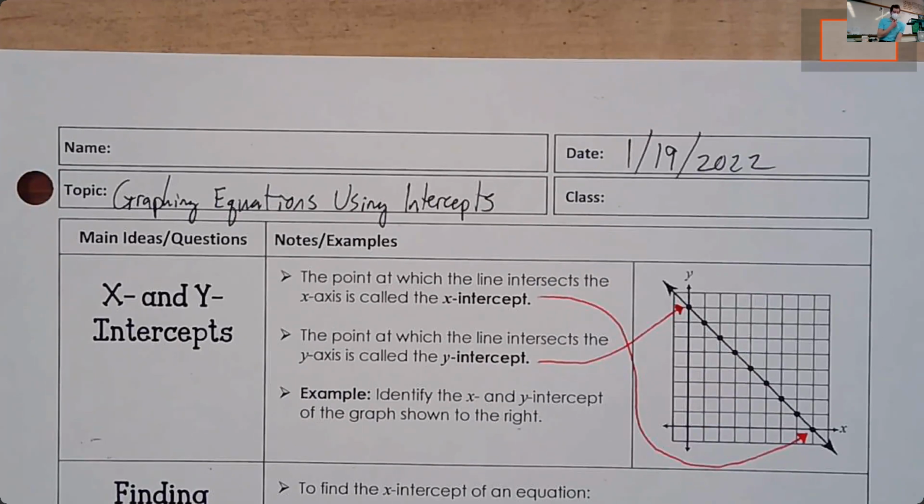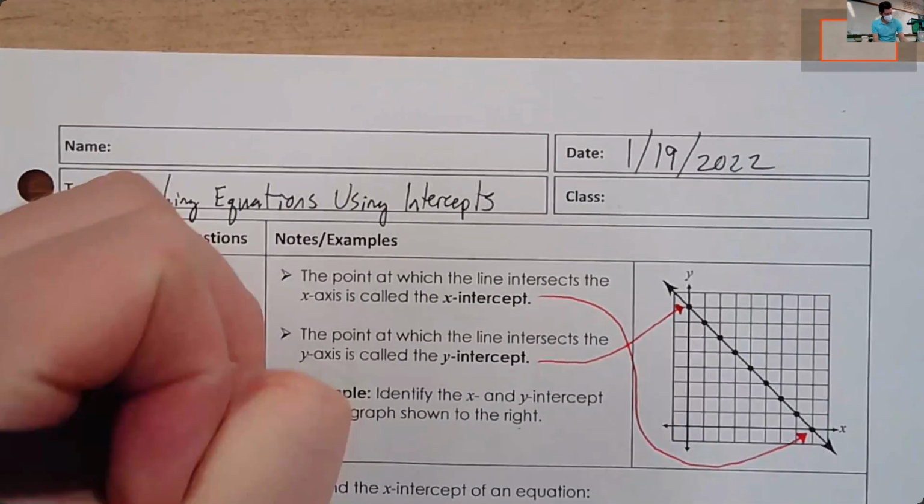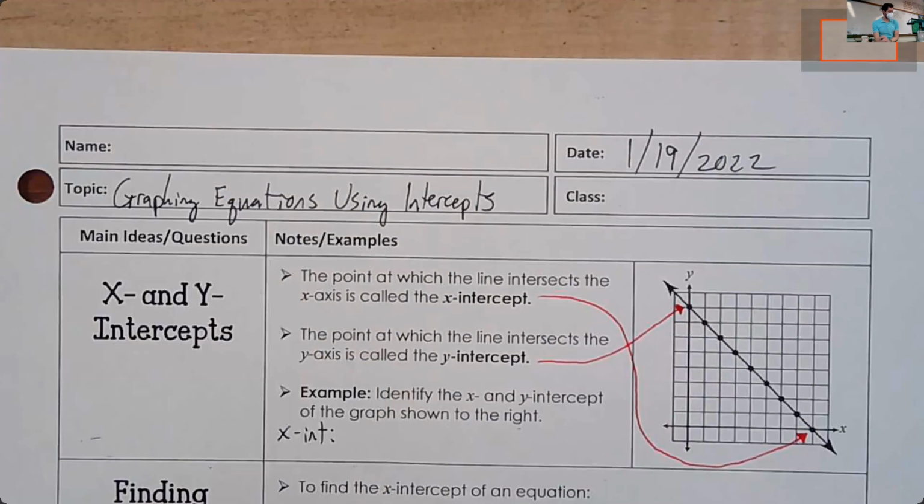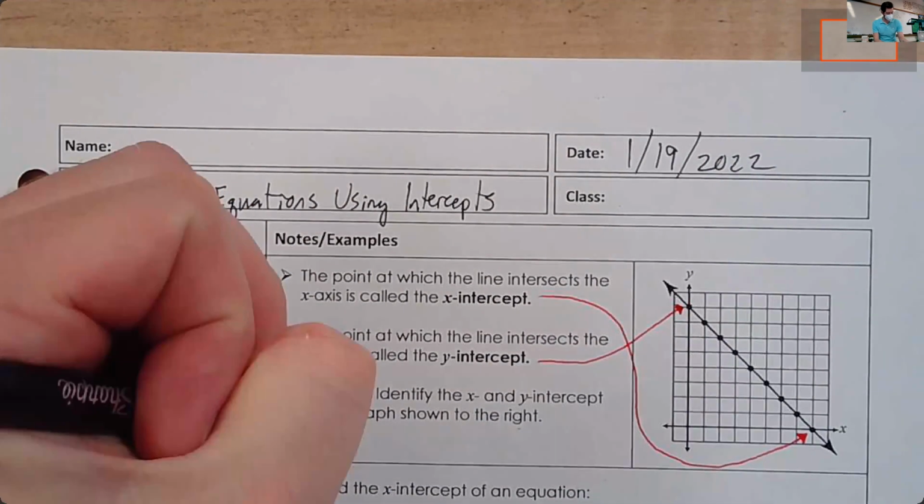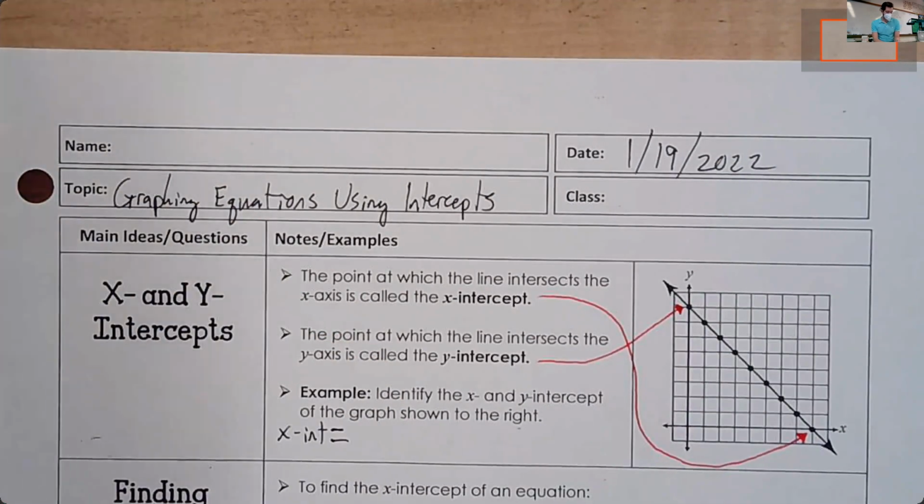So the example here is to identify the X-intercept and the Y-intercept. We've pointed to them, but let's go ahead and say what they actually are. The X-intercept, we can abbreviate that XINT, equals. How far over is it? 1, 2, 3, 4, 5, 6, 7, 8.